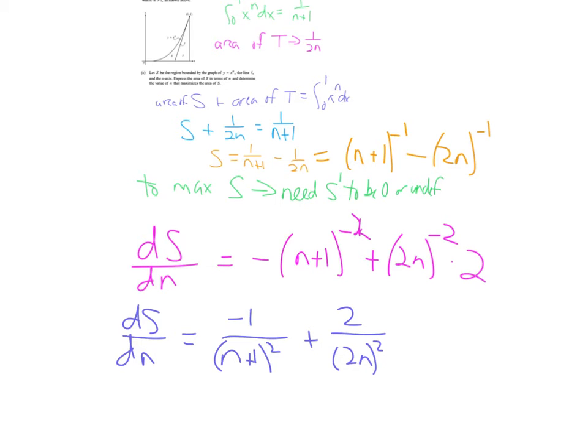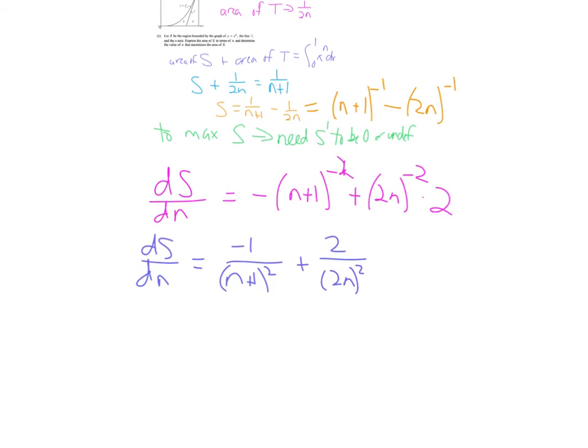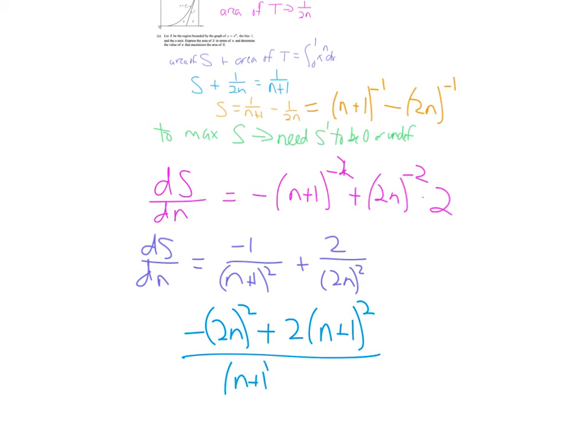And I need to figure out if that is ever 0. So let's get a common denominator. So I have negative 2n squared plus 2n plus 1 squared, over n plus 1 squared, 2n squared.